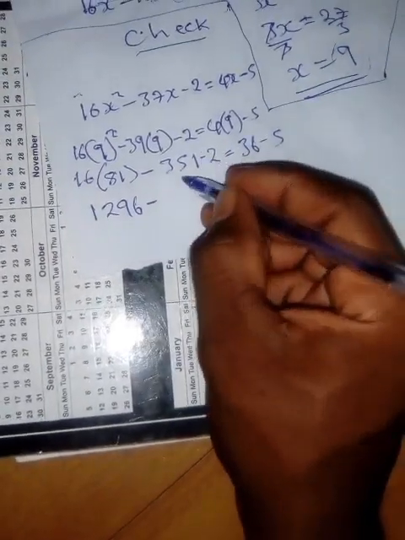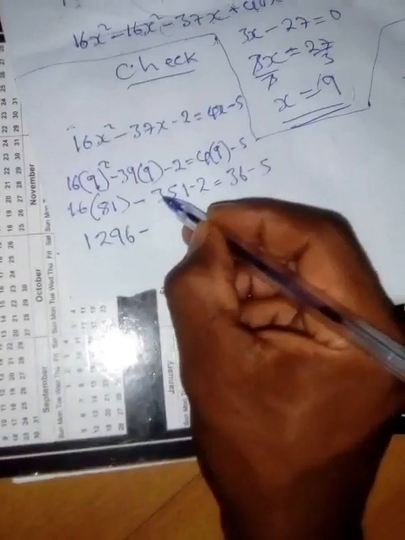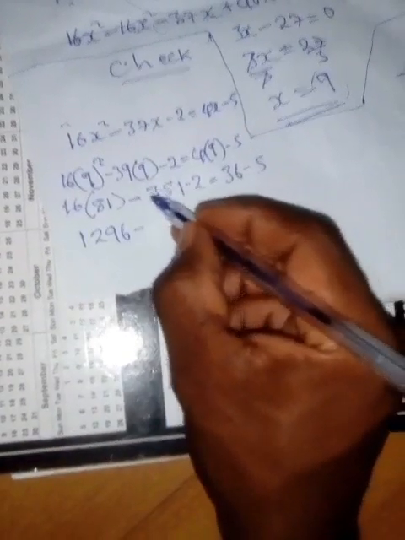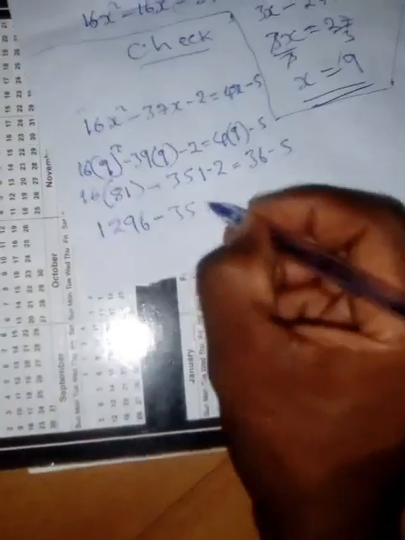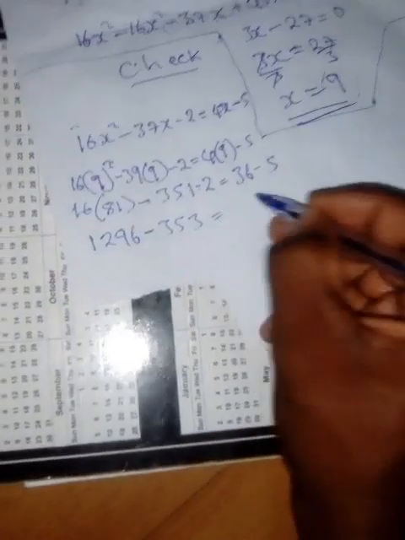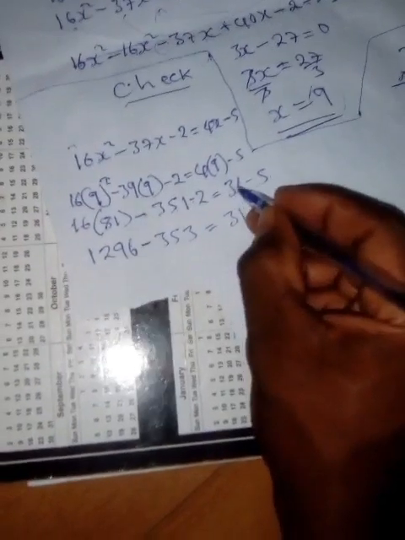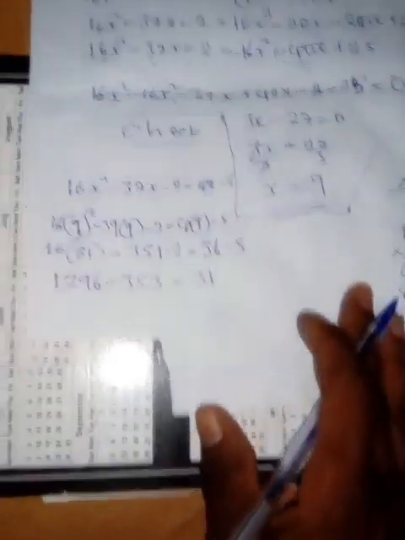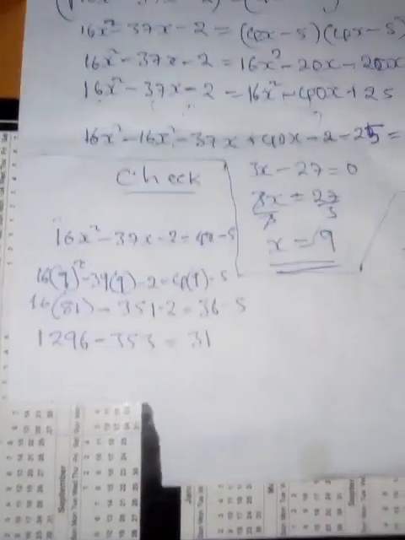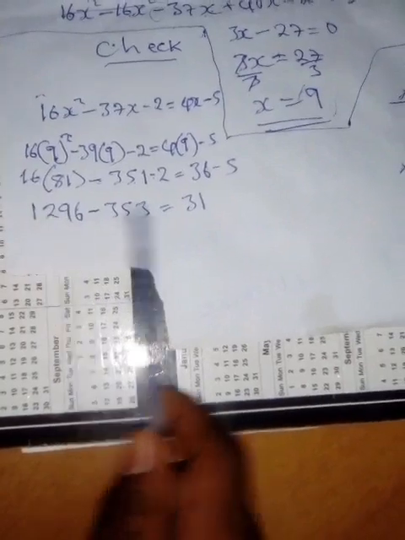2, minus 333. This one is negative, that one is negative, so it will add, which is 1296 minus 335, and the right side is equal to 31. Now when you look at this, it can't be the solution, because if I subtract here, it will not give me what is on this side.